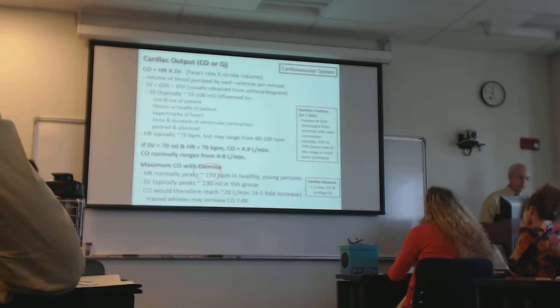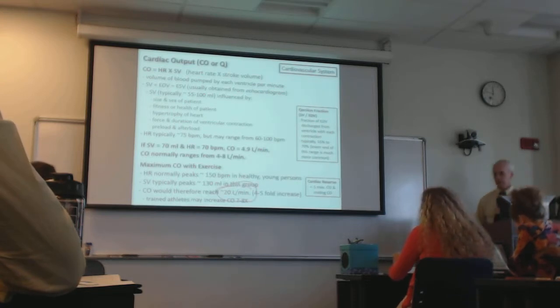I don't think I would survive that very long. Stroke volume typically peaks at around 130 mils. So if you do the arithmetic there, my goodness, you get a fantastic cardiac output, which you would see in perhaps a trained bicyclist or marathon runner or whatever.